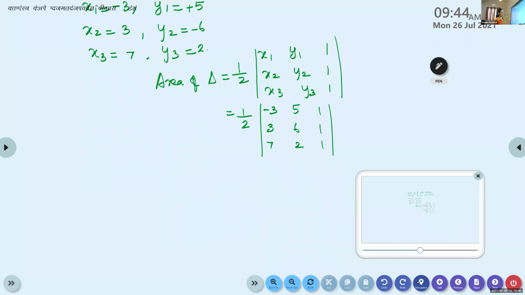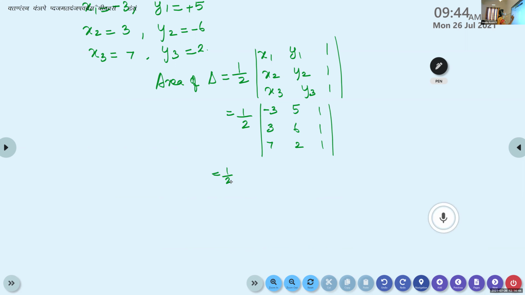Anila, can you expand the determinant and give the steps? Anila Mohanan. Anila, I think she also went. Okay. Aishwarya. Half into minus 3 bracket minus 6 minus 2.